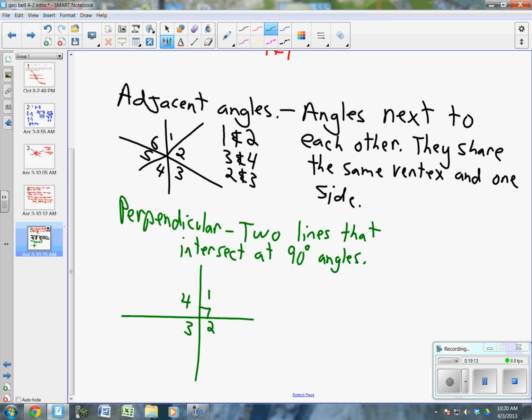So line N and M are perpendicular. Let me show you a symbol for perpendicular. N is perpendicular to M. Write that symbol down. It's an upside down capital T. N is perpendicular to M. Now, we're going to define parallel lines on another paper, so we'll talk about those in a second.